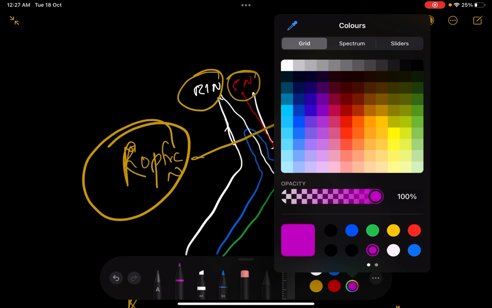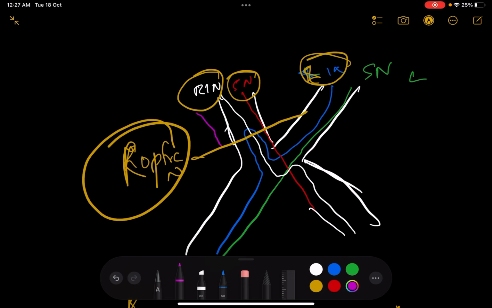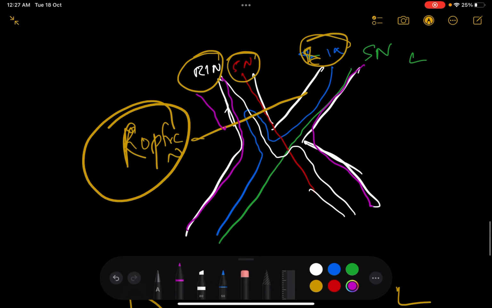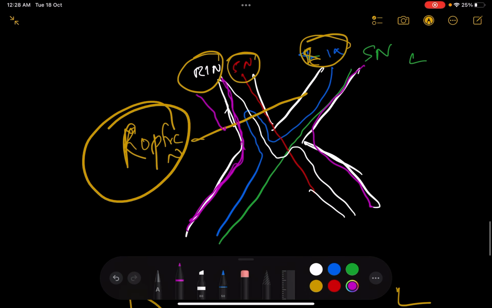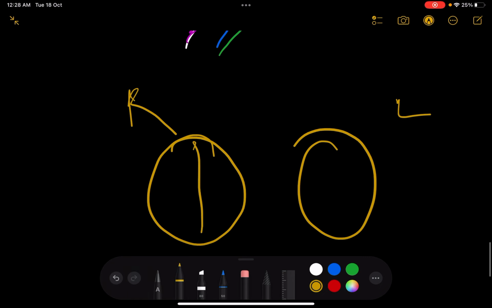The left temporal fibers are going to go in the left optic tract, and the right temporal fibers are going to go in the right optic tract. So the right temporal is also affected. That means literally the temporal and nasal is affected.